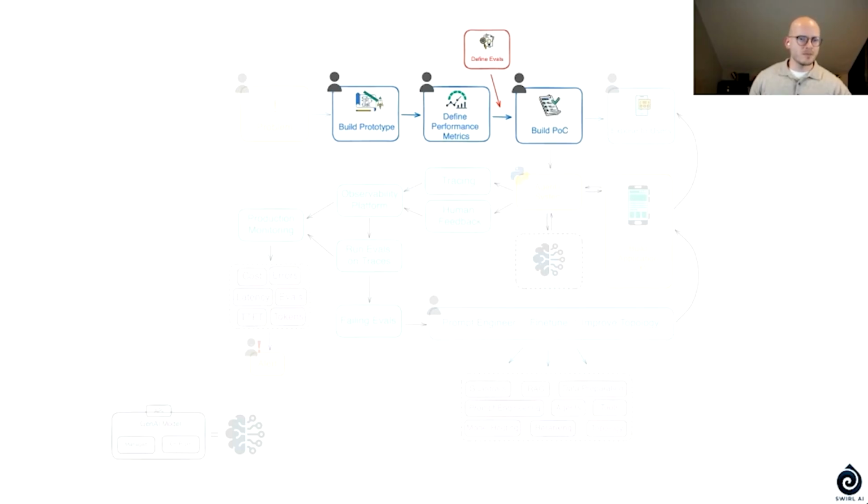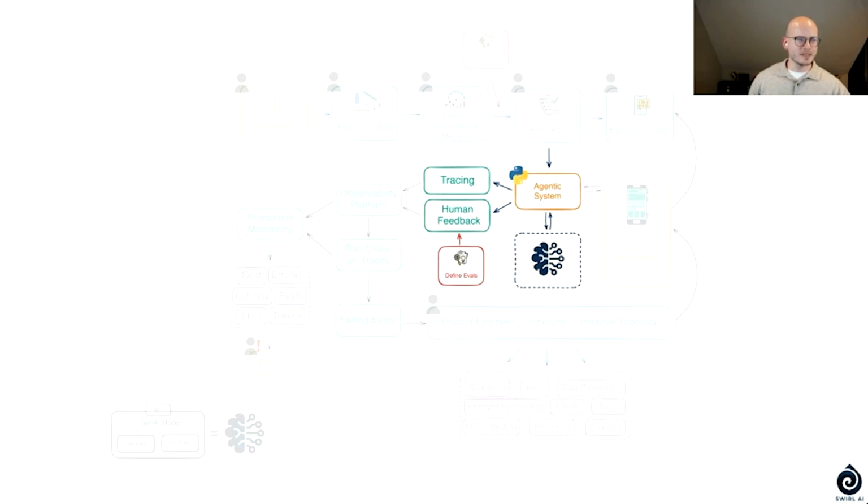Now the next place where we would define evals is here, where we properly attach our human feedback to a top-level trace of our application runtime. And then we look into negative feedback and we try to figure out how to cluster those negative feedbacks into specific sets of failure modes.